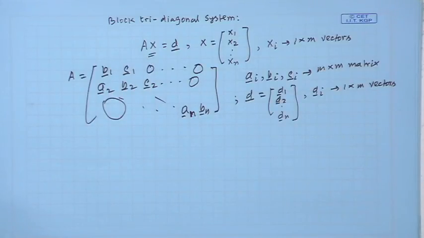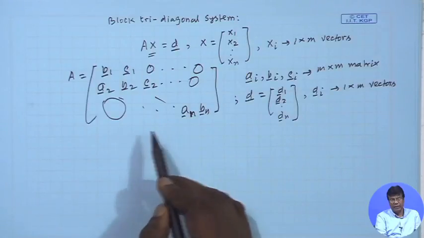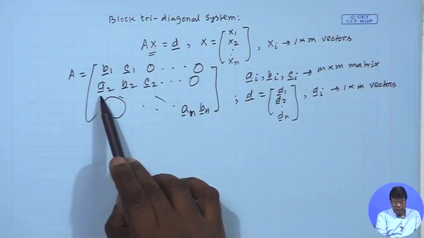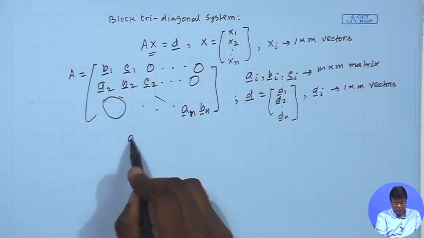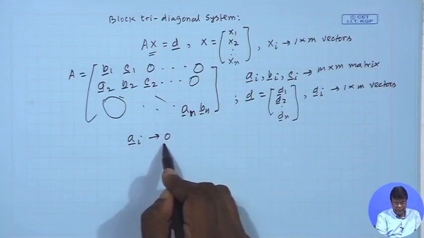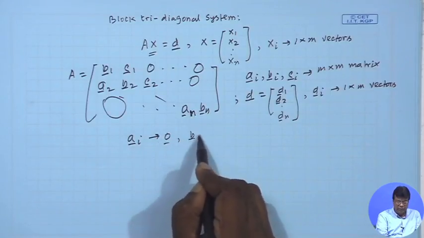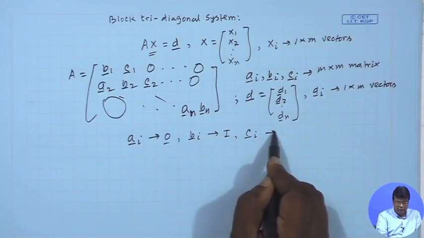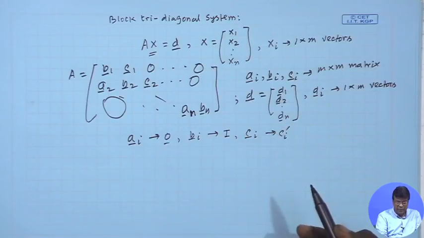We follow a procedure similar to the Thomas algorithm, that is, reducing the block tridiagonal form to a triangular form by block elimination. We will bring 0 at these Ai positions. So, Ai should be transformed to a null matrix, and Bi should be transformed to an identity matrix, and obviously Ci will not keep quiet, it will transform to some other Ci dash.